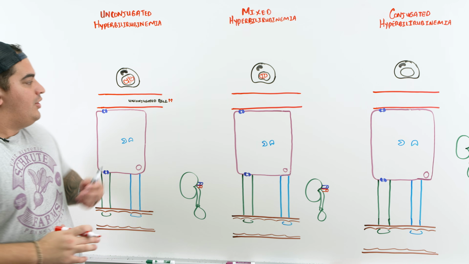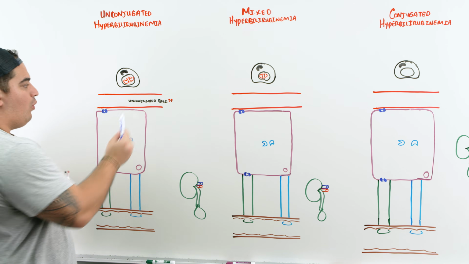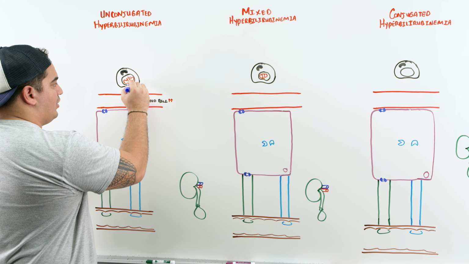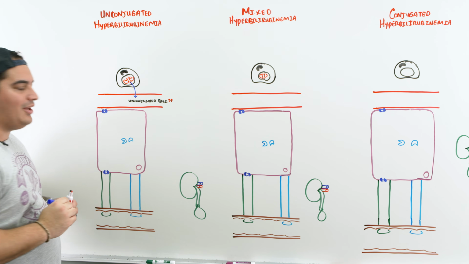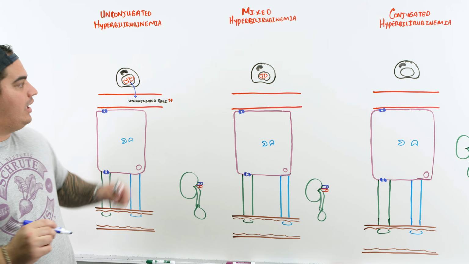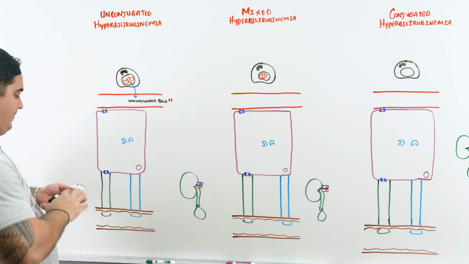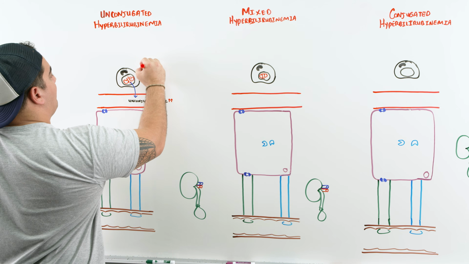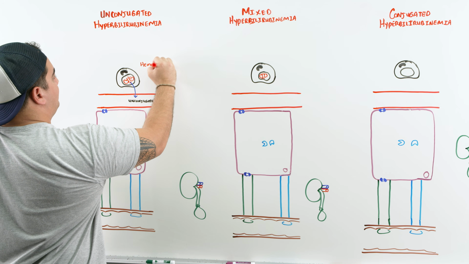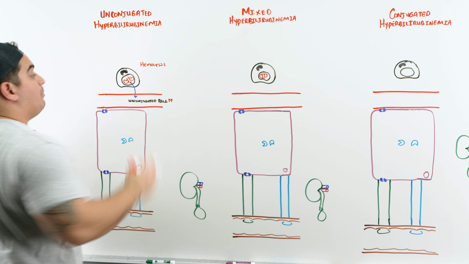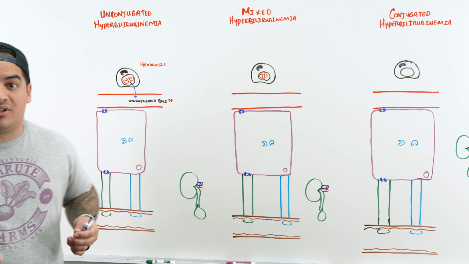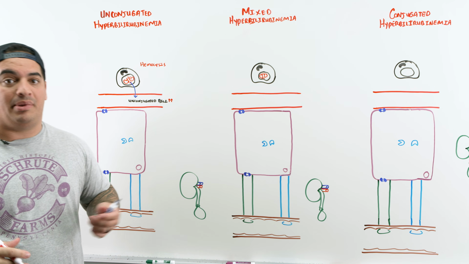All right? So we have to ask ourselves the question, what is the reason that we're having so much unconjugated bilirubin within the bloodstream? And the first one I already kind of gave you a little bit of a start off. One is hemolysis. So hemolysis is a very profound cause of a patient developing particularly elevated levels of unconjugated or indirect bilirubin.